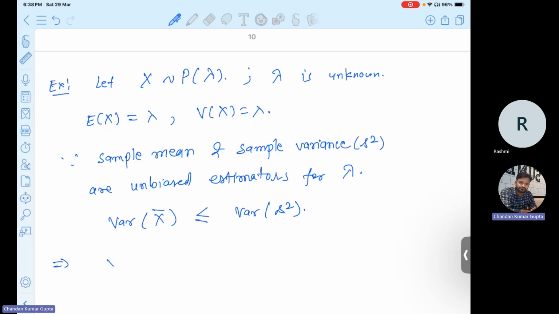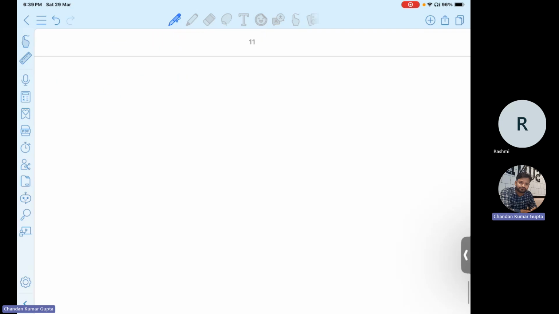This implies x bar is relatively efficient than s square, the sample variance. So we may have more than one estimator, but among them, the estimator having the minimum variance is the relatively efficient estimator. Now we have one more definition, the efficient estimator.